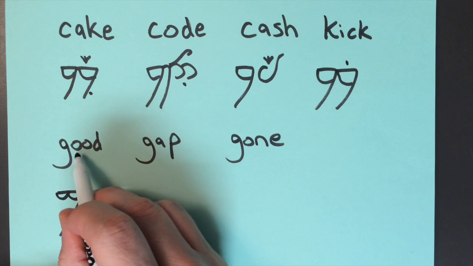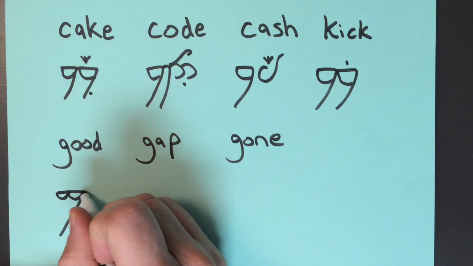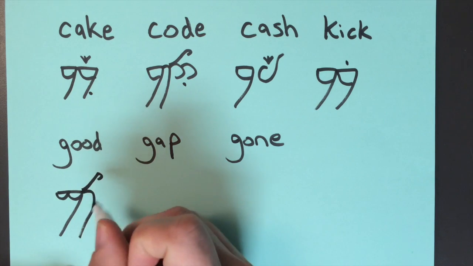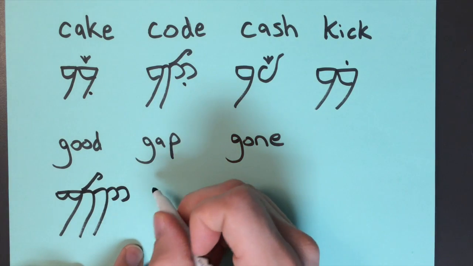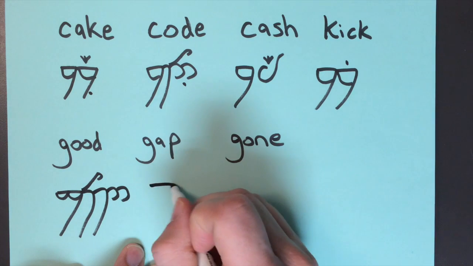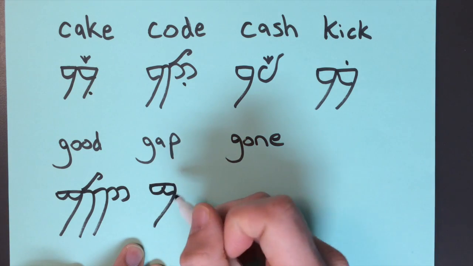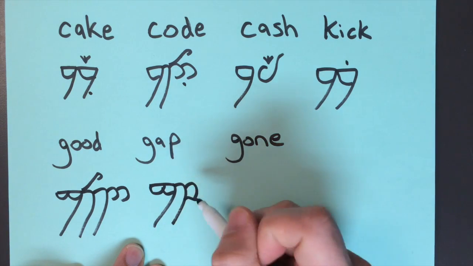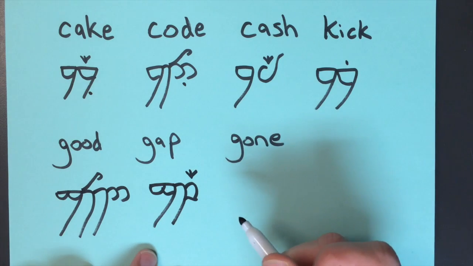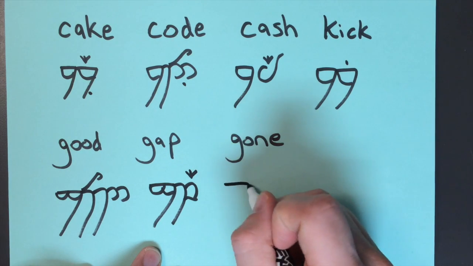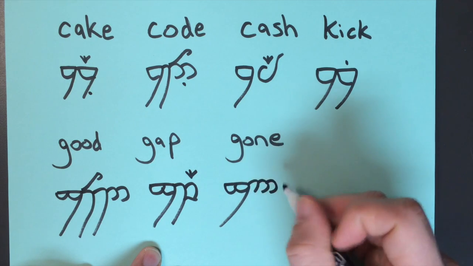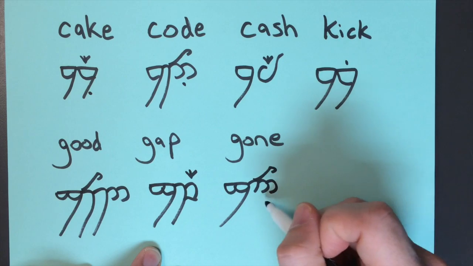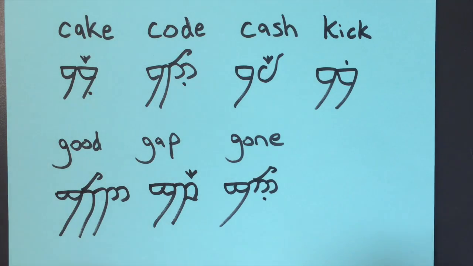And because we have a double vowel here, I'm going to make a long carrier, O, and draw my D like that. To do gap, draw our G, P with an A on top. So draw gone, draw your G, N, then O on top, and an E dot at the bottom.